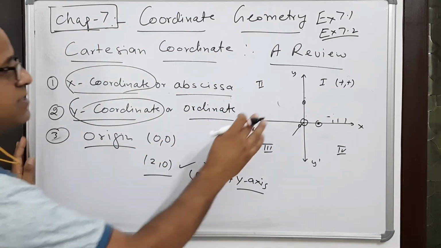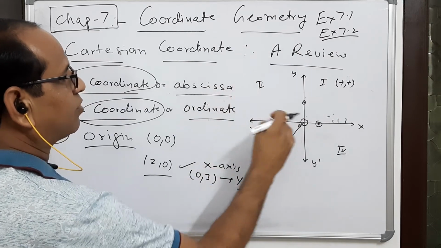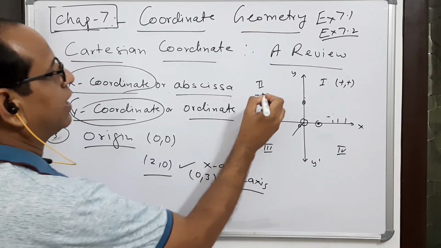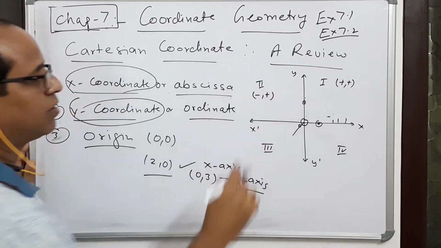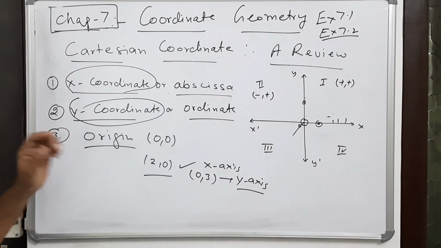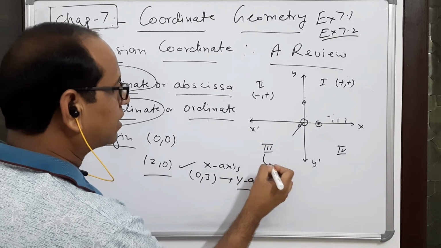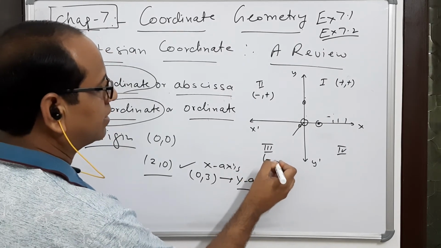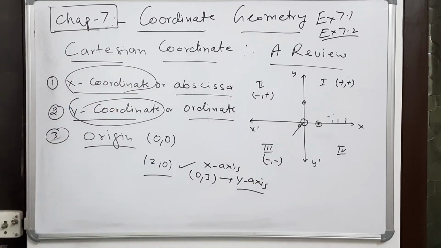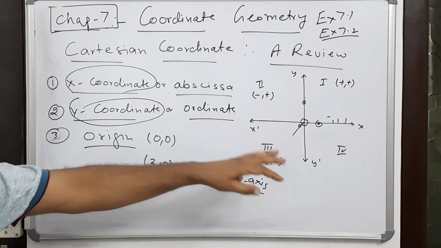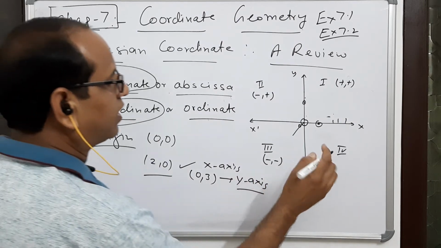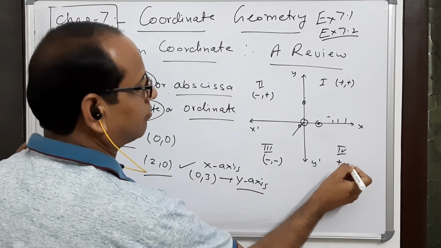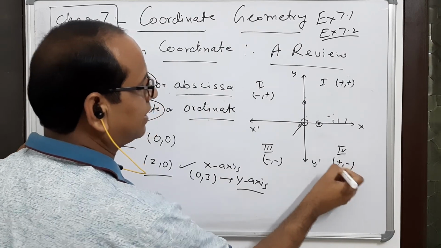If the point is present in the second quadrant, then the x coordinate will be negative and the y coordinate will be positive. If any point is present in the third quadrant, the x coordinate is negative and the y coordinate is also negative. If any point is present in the fourth quadrant, then the x coordinate is positive and the y coordinate is negative.